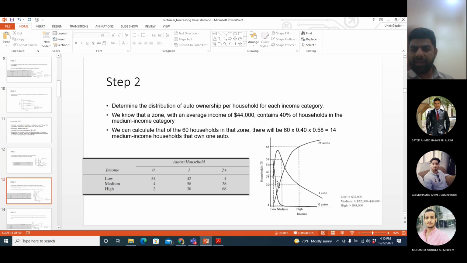Again, this curve is already plotted from the sample data. For example, you come to the medium income category and the 1 car household line. The percentage of households which belong to the medium income category and have 1 car is 58%.